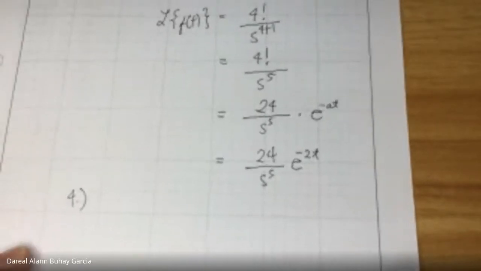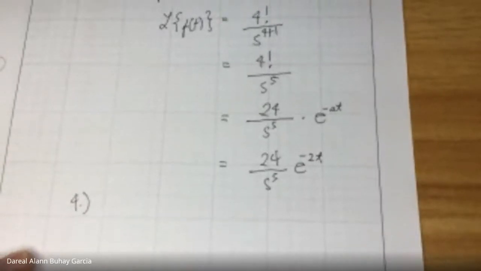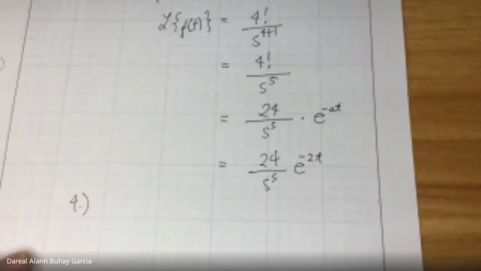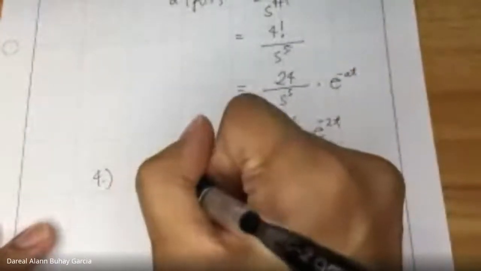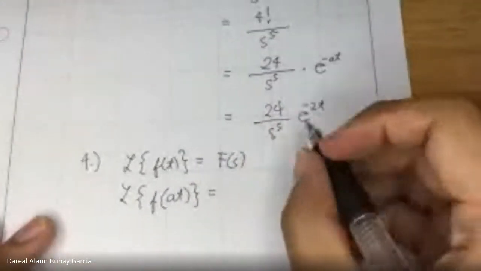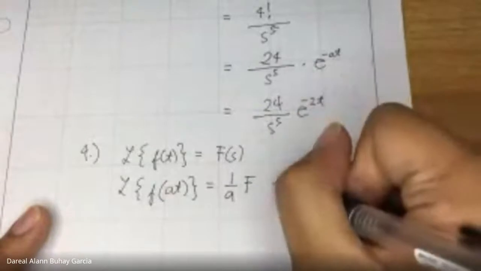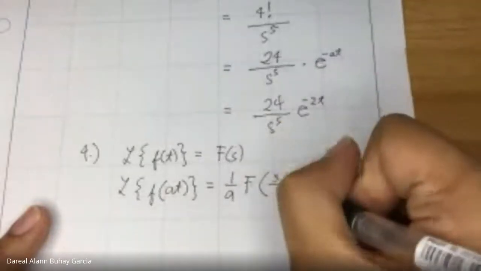Alright. Another one is change of scale. If the Laplace transform of f of t is equal to F of s, the Laplace transform of f of at, if the independent variable t is multiplied by the same constant a, the final answer should be divided by that constant: 1 over a times F of s over a.